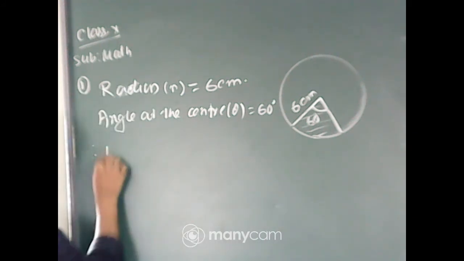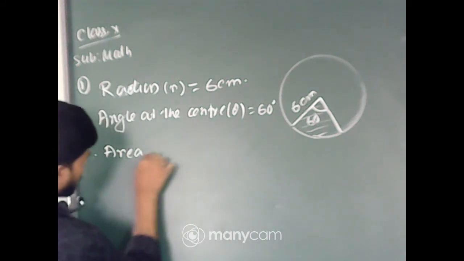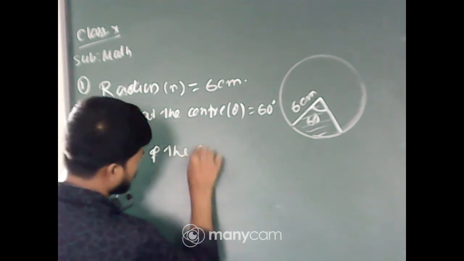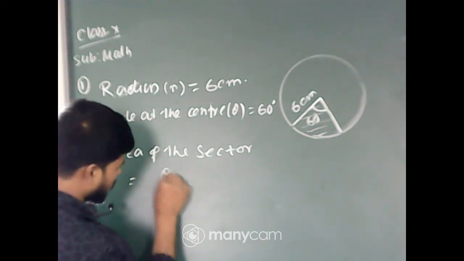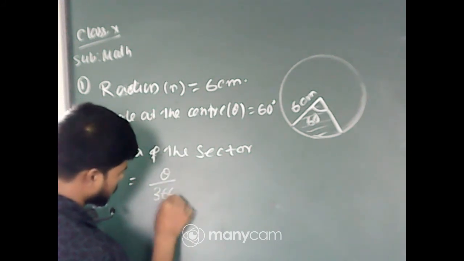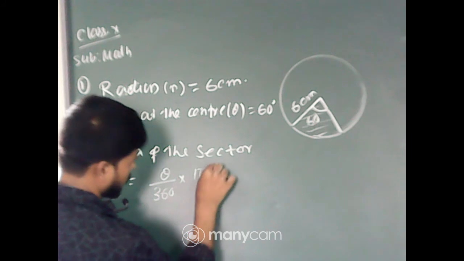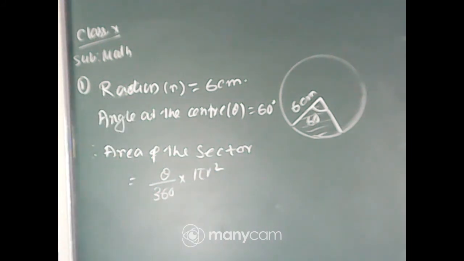Therefore, area of the sector: we'll apply the formula theta by 360 into pi r square. That was the formula, theta by 360 into pi r square.